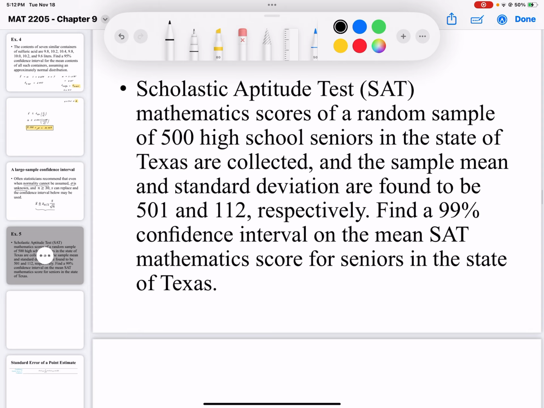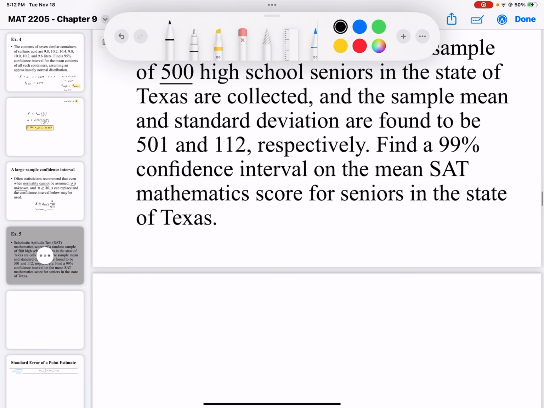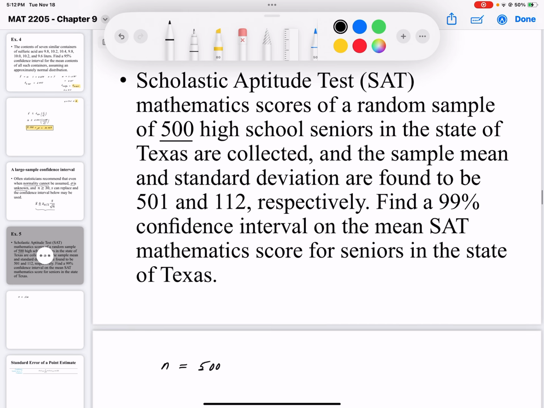I have a sample of 500. As we find this information out, let's just go ahead and write it down. My n is 500. I've got SAT scores, 500 students. The sample mean is 501.